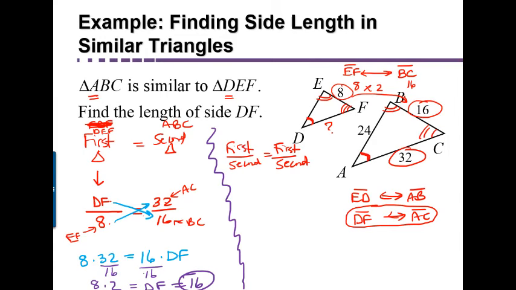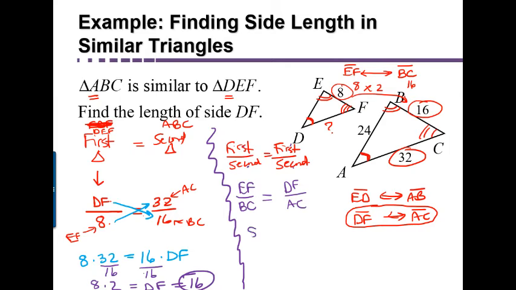Or you could do first triangle over second equals first triangle over second. So what I mean there is EF from the first triangle corresponds to BC from the second. And DF, the side we're looking for from the first triangle, corresponds to AC from the second.